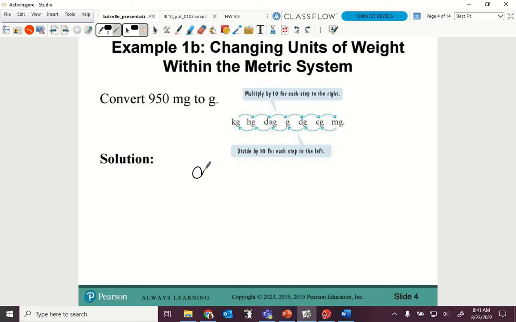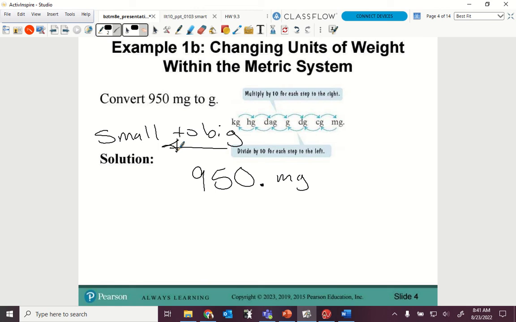A decimal point is currently right here, in milligrams. So if we're going from small to big, the decimal's going to move this way.